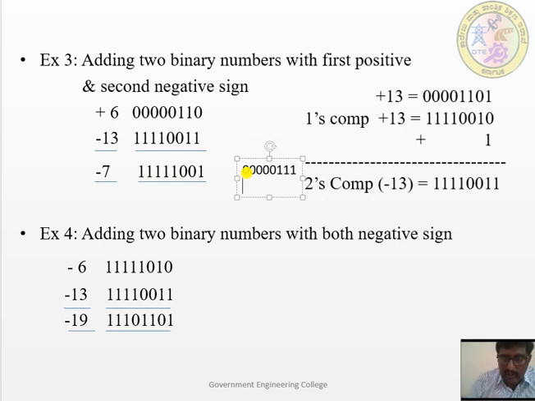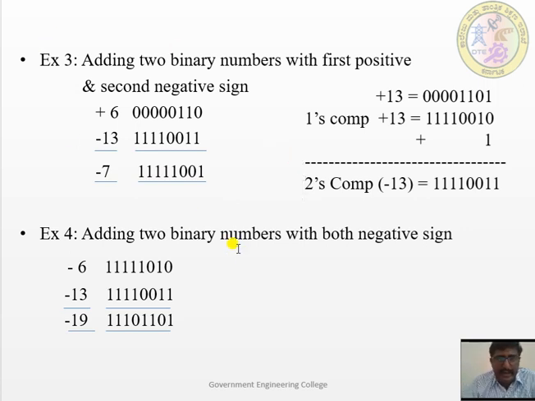What we can do is write the first digit as 1, and the remaining bits should be complemented, that is 1 1 1 1 1 0 0 1. So this is minus 7, and we get the same minus 7 value. So in this fashion also we can do it.